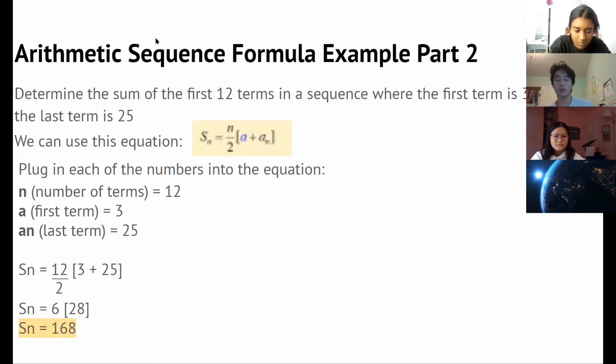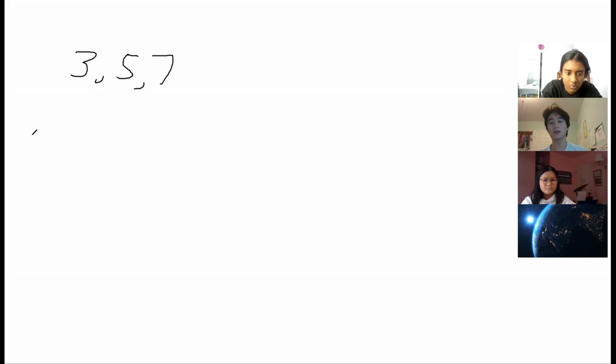Okay, so I also want to point out the difference between an equation and a series. Usually we have the sequence 3, 5, 7, right? Some people might see this as y equals 2x plus 3.